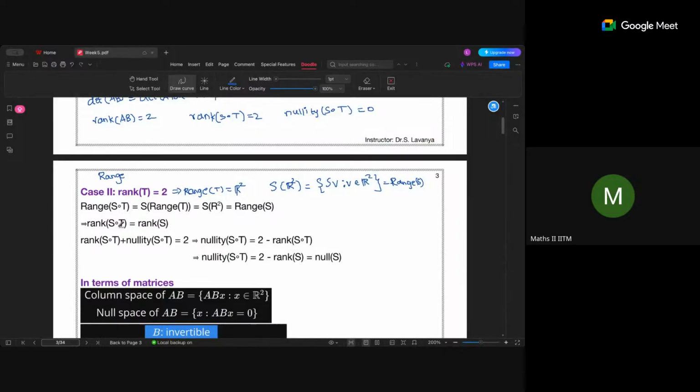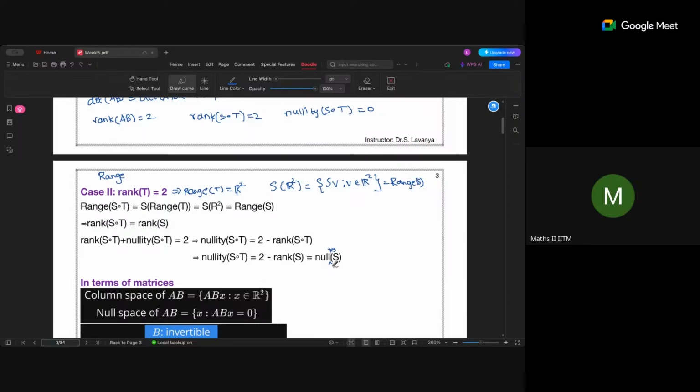Rank of S composition T is the same as rank of S, and again applying the rank nullity theorem to S, it should be nullity of S. So nullity of S composition T is equal to nullity of S. So, if rank of T equals 2, then rank of S composition T is rank of S, and nullity of S composition T is nullity of S. Is that clear? Yes, ma'am.